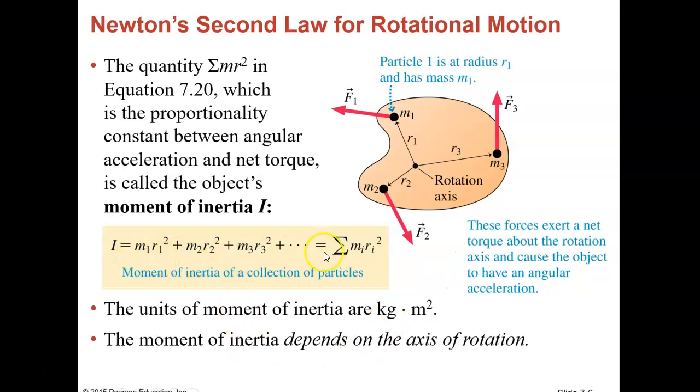So the moment of inertia is these sums. The unit of moment of inertia is kilogram times meter squared. Think about it: kilogram is the unit of mass, and meters is your unit for radii. And the moment of inertia depends on the axis of rotation.